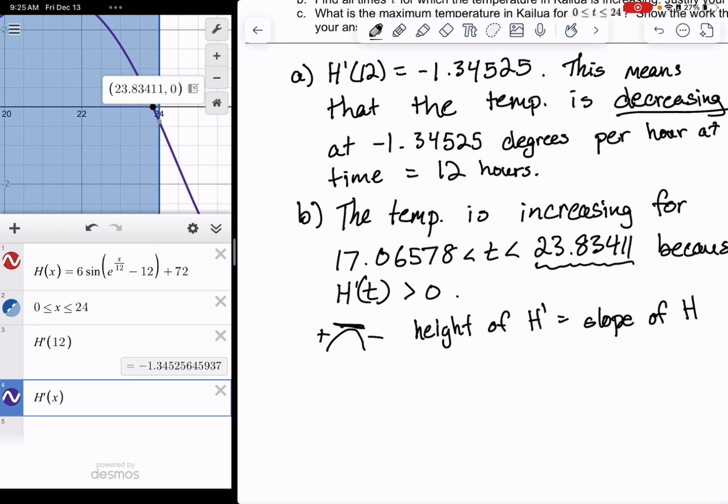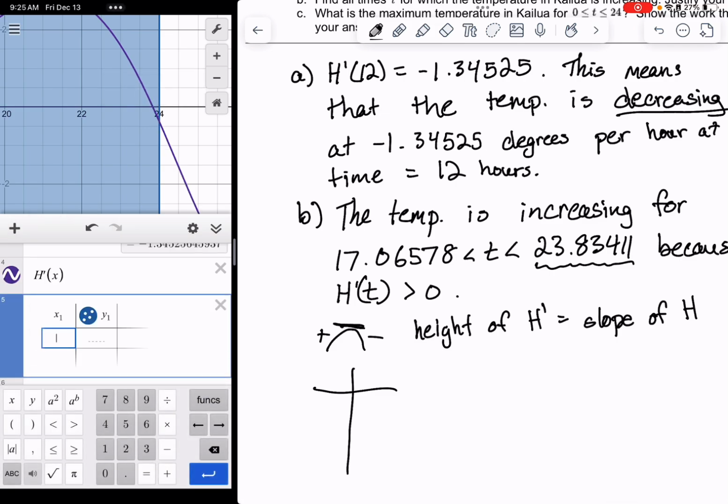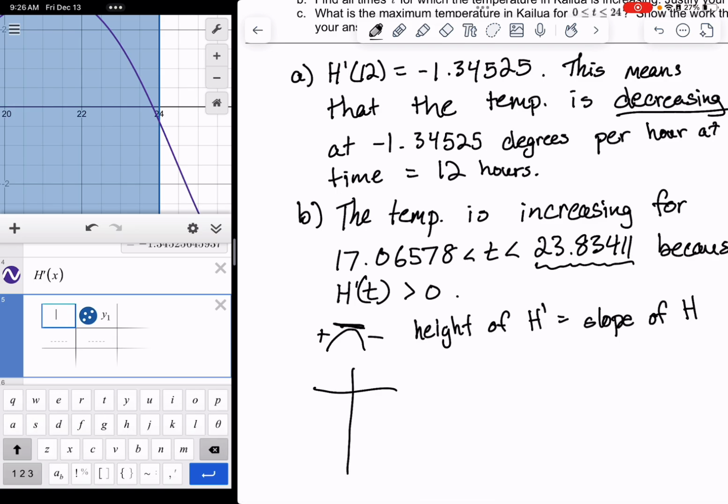So what we want to do is create a table checking the endpoints and the relative max. So in my table here, I can actually click on my plus sign, add a table, and instead of x1, I'm going to call this t, because those are my t moments.